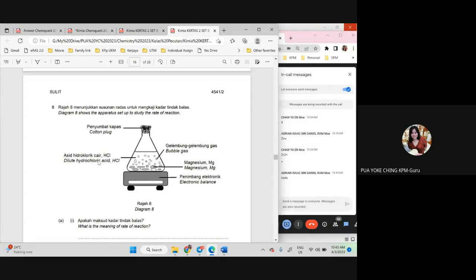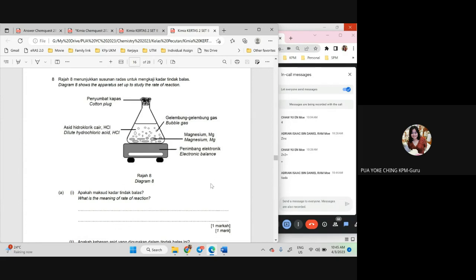Ada hydrochloric cair, ada magnesium, and then you saw the bubble gas, and then ada cotton plug, okay, penyumbat kapas. And then ada penimbang balance. Okay, what is the meaning of rate of reaction? Okay, meaning of rate, dia ada pattern dia.